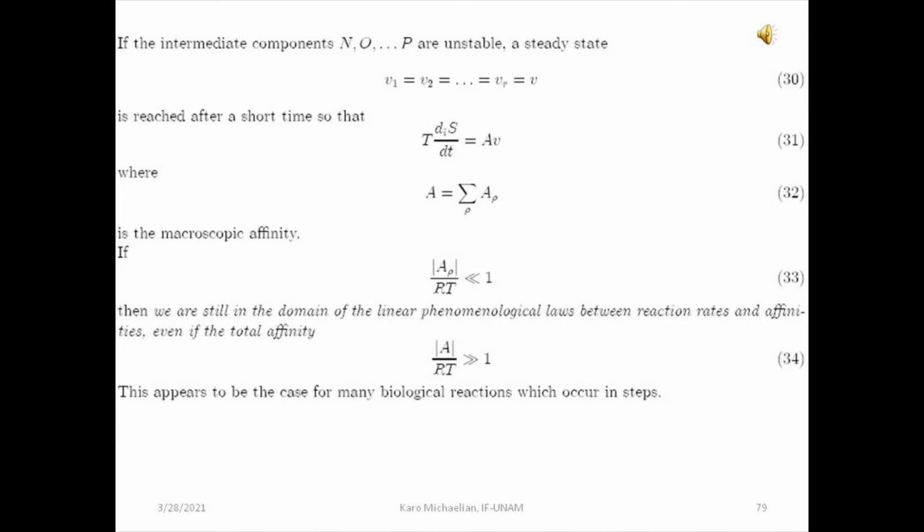So we still have linear relations between the flows and forces for many biological reactions, even though the overall affinity may be very much greater than 1. And this is due to the fact that the overall chemical reaction is in fact many individual reactions in sequence, all of which have an affinity over the gas constant times the temperature much less than 1.